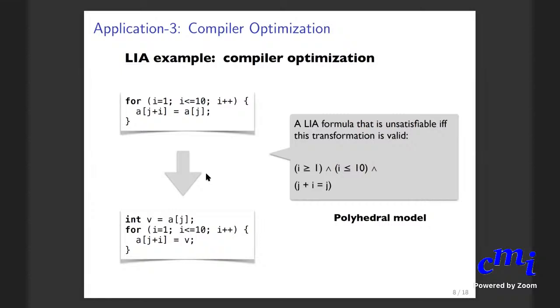But this optimization is sound only if j is not modified in the body of your code. This formula, which you actually saw earlier, one of the SMT formulas that I used as an example, ensures exactly the condition that is necessary and sufficient for performing this optimization. If this is violated, then you cannot do this optimization.